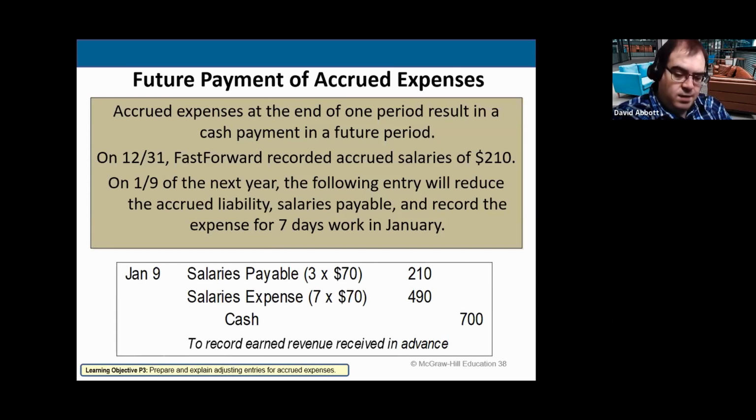The $490 debit records the salary of January's first 7 working days, including the New Year's Day holiday, as an expense of the new accounting period. The $700 in cash credit records the total amount of cash that was paid to the employee.